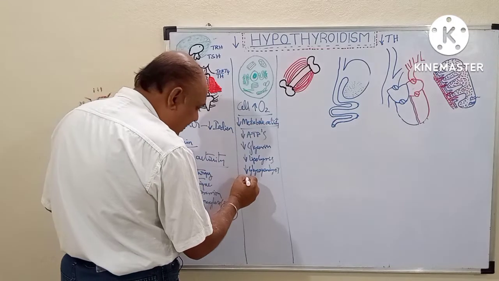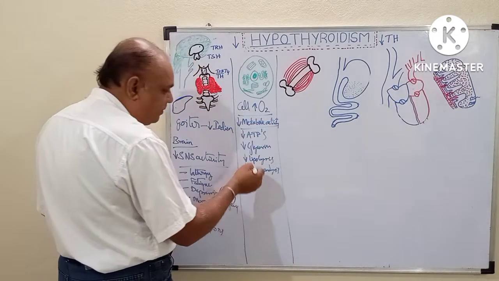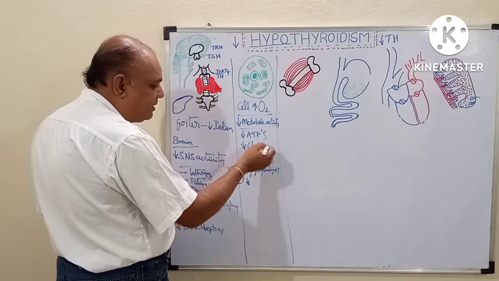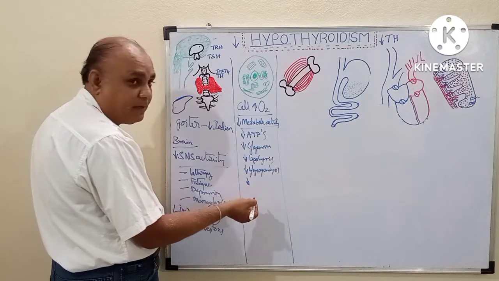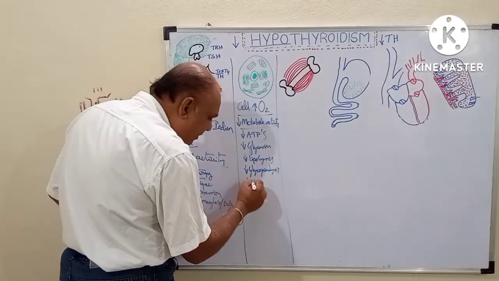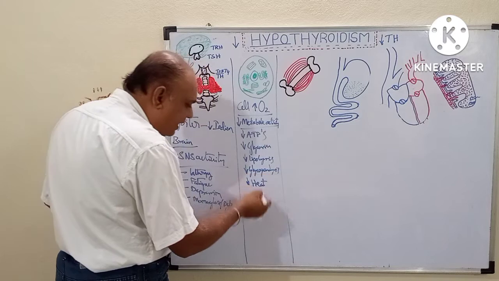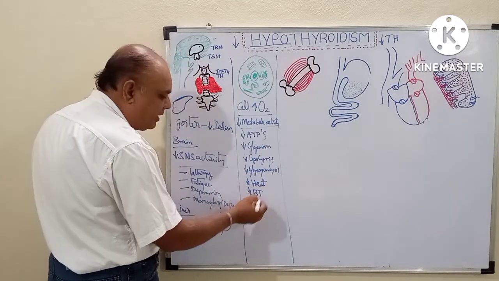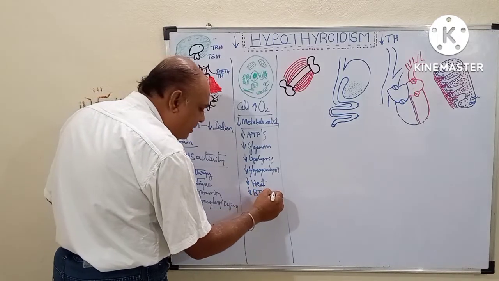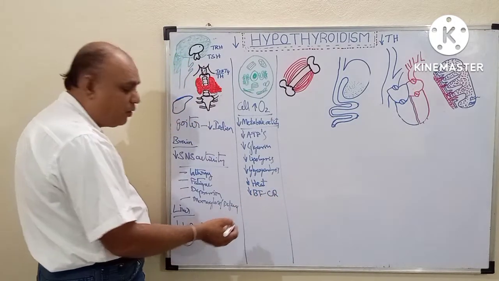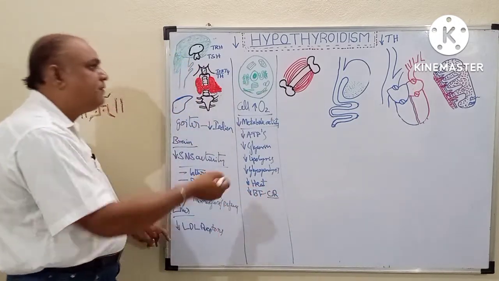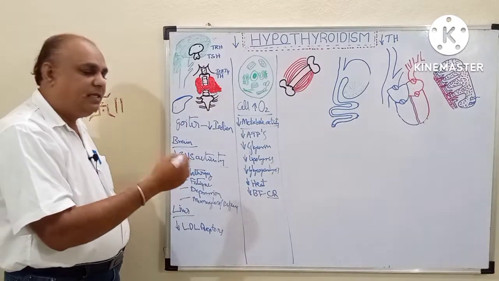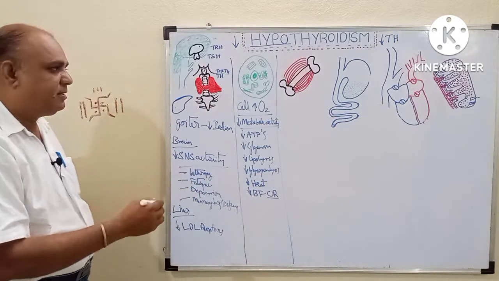When ATP production, glycolysis, lipolysis and glycogenolysis decrease, then the heat will also decrease. When the heat decreases, then the body temperature will decrease. When the body temperature is decreased, then the patient will be cold intolerant. That's the reason why in hypothyroidism we see that the patients are cold intolerant.